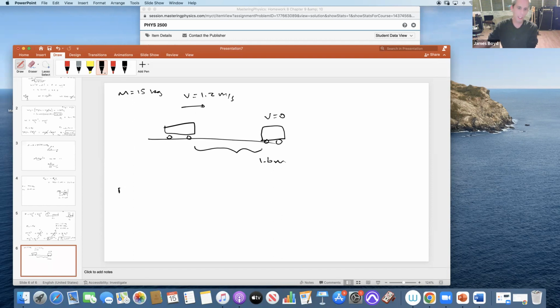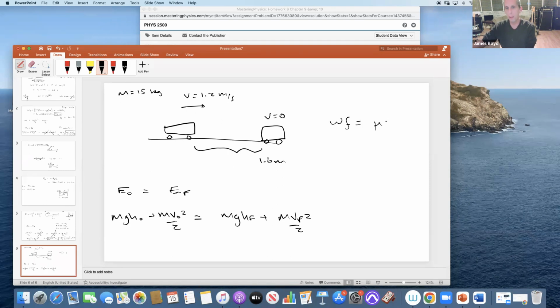Now, the initial energy and the final energy are the following. mgh initial plus mv initial squared over 2 is equal to mgh final plus mv final squared over 2. However, there is friction. And the work of friction is always mu n times d.